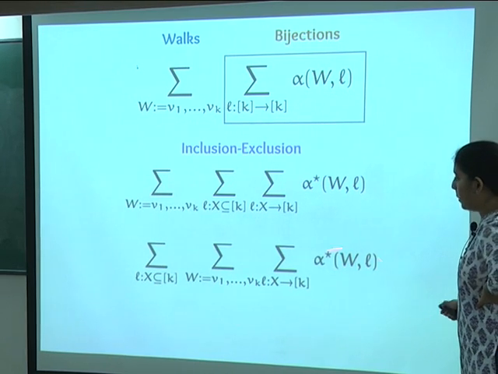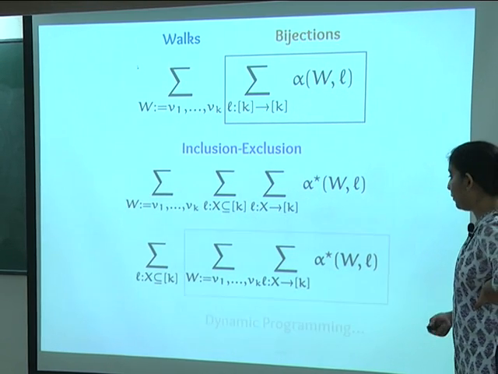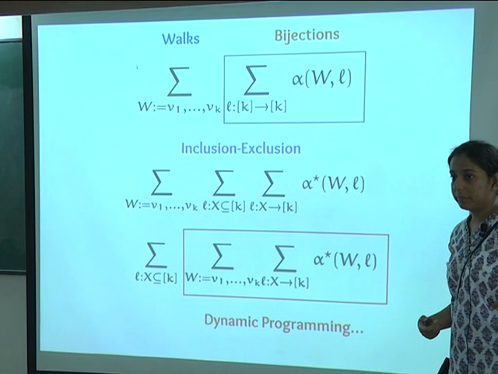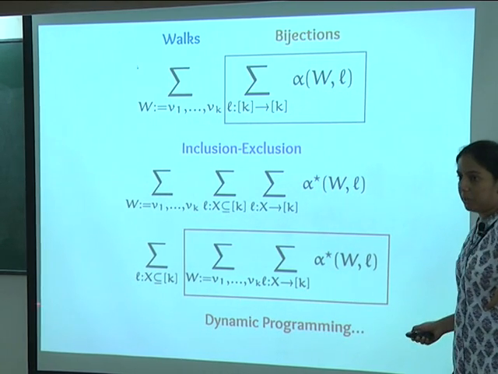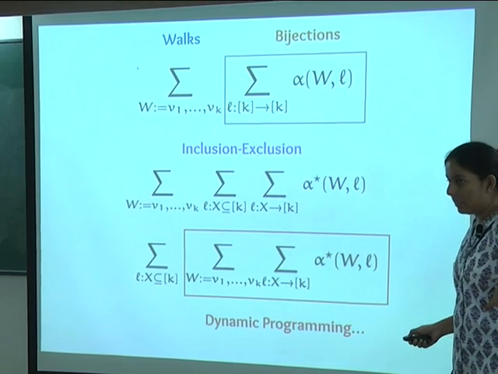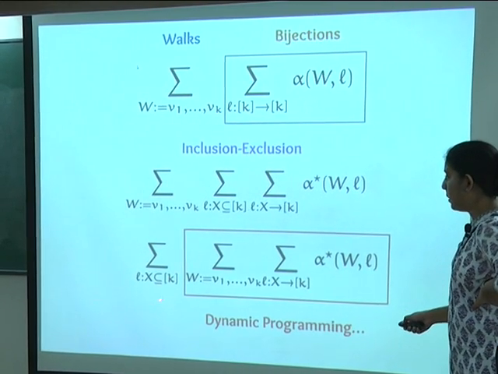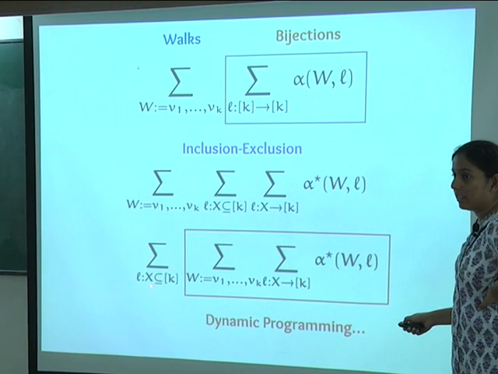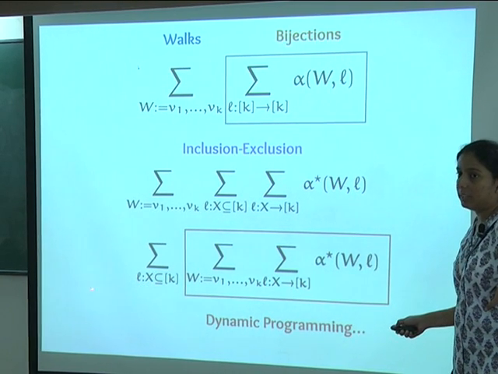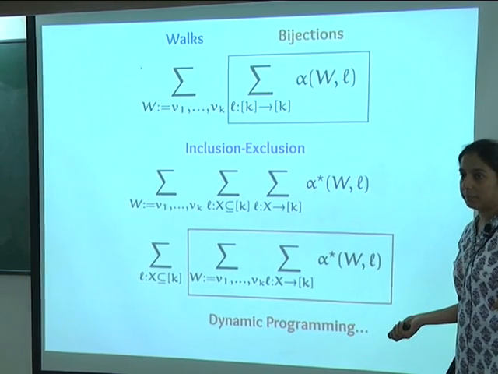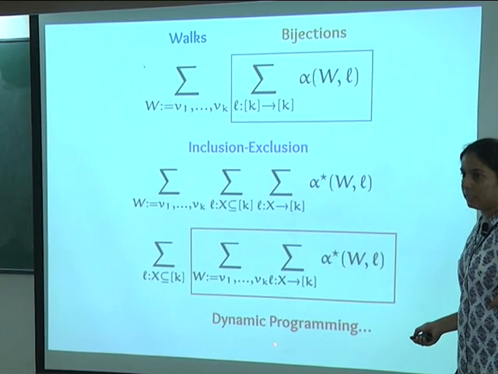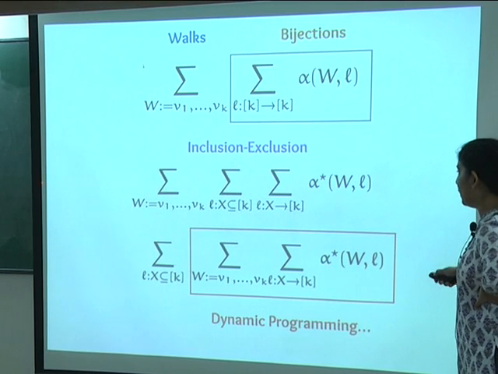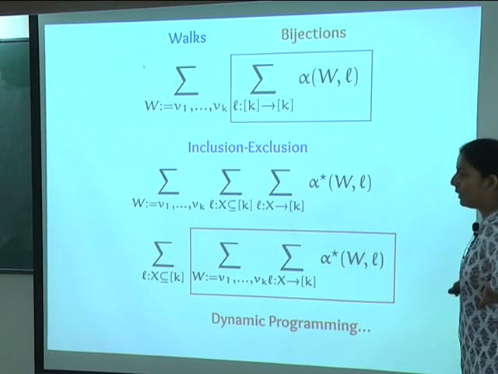Then for this part, we are going to use dynamic programming, and this dynamic programming will be polynomial time. This sum out here is how much time? 2 power k. We are doing something for every subset of k, so that's 2 power k dynamic programming runs. And so the walks have been absorbed into something that's convenient.